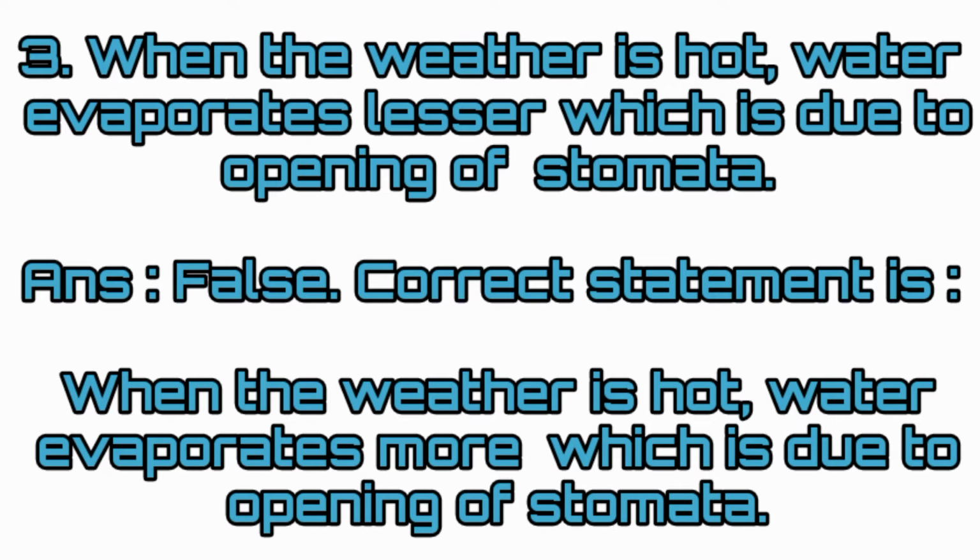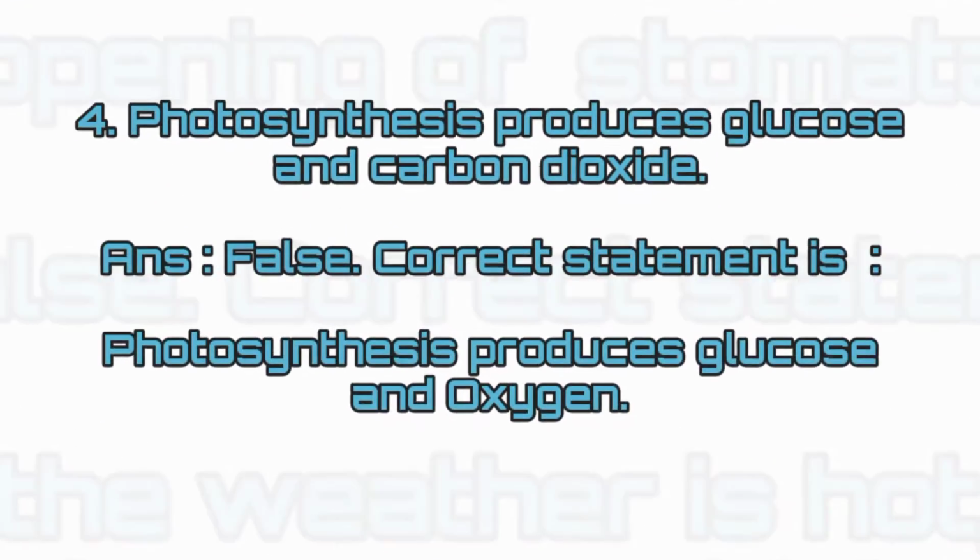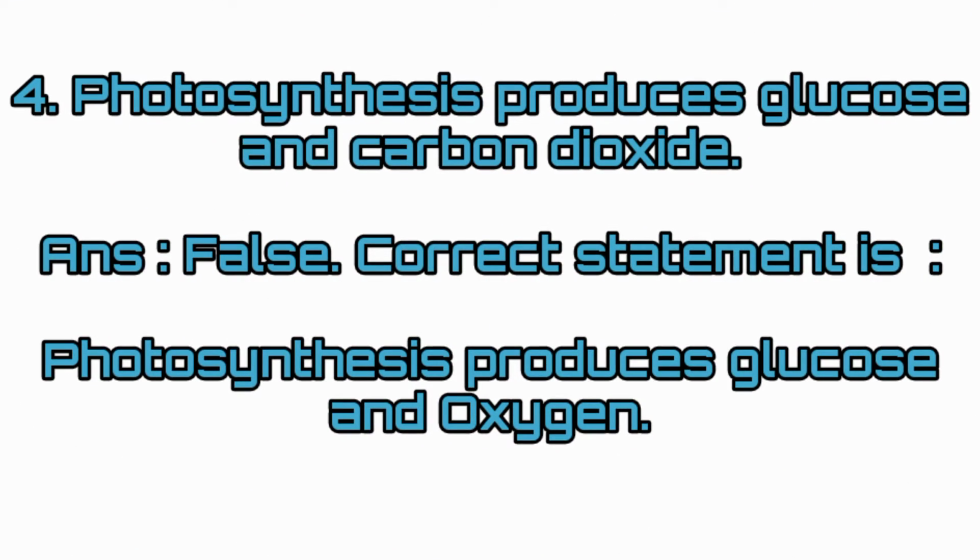When the weather is hot, water evaporates less, which is due to opening of stomata. Answer: false. The correct statement is when the weather is hot, water evaporates more, which is due to opening of stomata. Photosynthesis produces glucose and carbon dioxide. Answer: false. The correct statement is photosynthesis produces glucose and oxygen.